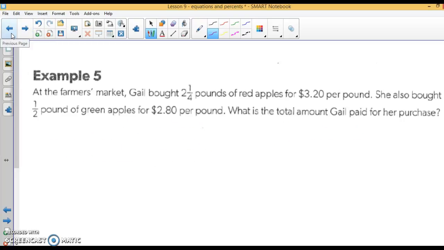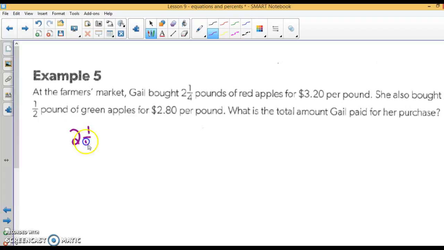At the farmer's market, Gail bought 2 1/4 pounds of red apples for $3.20 per pound. She also bought a half pound of green apples for $2.80 per pound. What is the total for her purchase? This is like a number sense type of problem. So, kids get messed up when you see the fractions, but it's no different than a whole number problem. So, Gail bought 2 1/4 pounds of red apples, and they're $3.20 per pound.